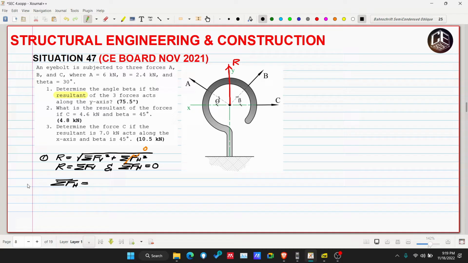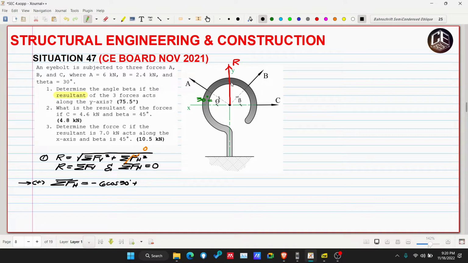Assume everything to the right is positive. A is to the left, so negative A. A is 6 kN, and theta is 30 degrees, so the horizontal component is cosine 30 degrees. B is to the right.